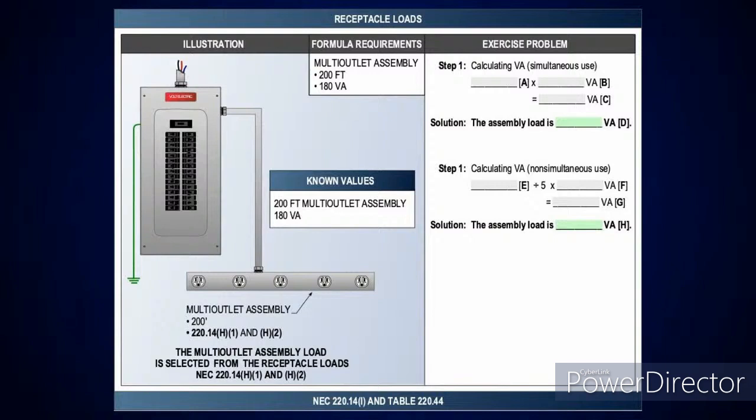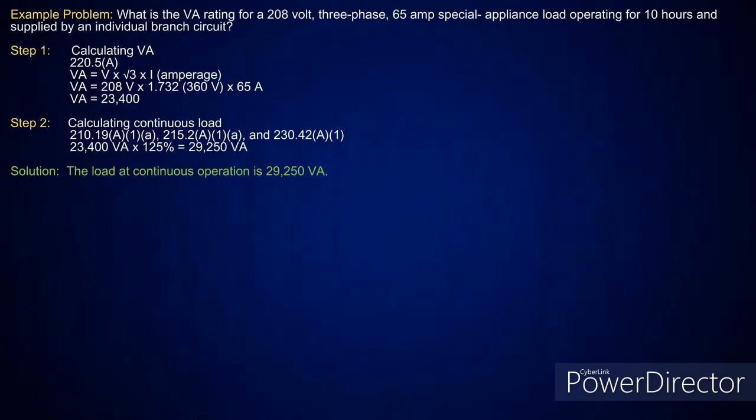Now this is interesting because right here you've got 200 foot. Same principles. If it's non-simultaneous, divide by 5 and multiply by 180. If it's simultaneous use, you just multiply by 180 VA based on whatever the footage is for that multi-outlet assembly. Okay, that takes care of your receptacle load.